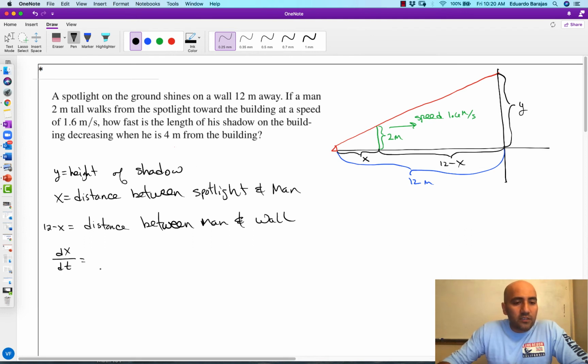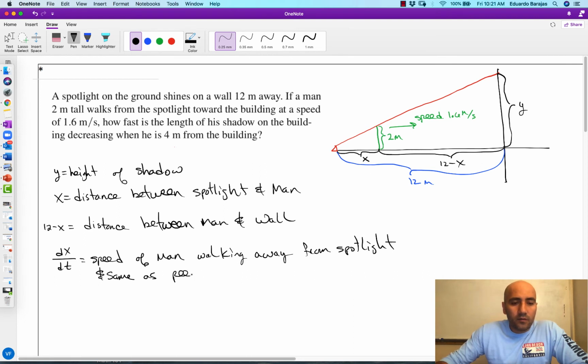Okay, so what we have, this given value of 1.6 meters per second then represents dx/dt, the speed at which the man is moving, and that is given: the speed of the man walking away from the spotlight, which is the same as the speed of the man walking toward the wall.